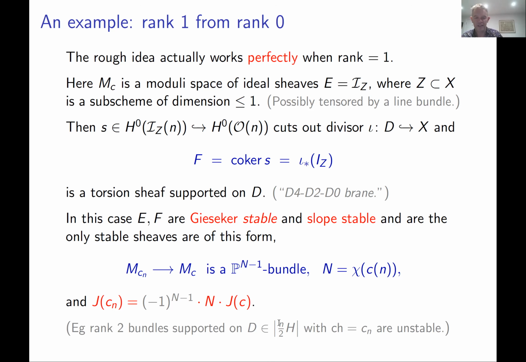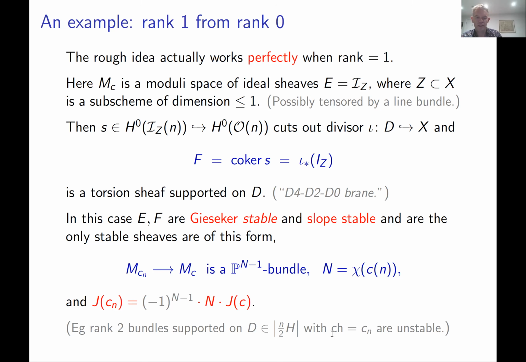Or you could take a rank 2 bundle sat on that divisor. And what this theorem is saying is that will always be unstable. The second possibility would never count so long as n is very large. It will never happen. You'll always get something unstable.